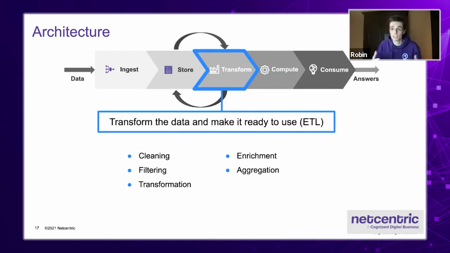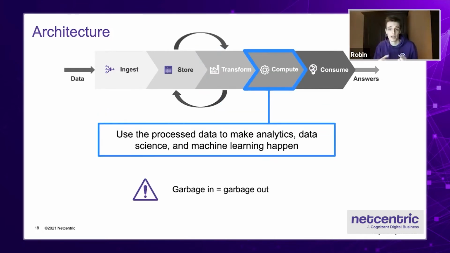Sometimes it can be a challenge if you have lots of data, say hundreds of gigabytes that you have to process. In this case, maybe you want to use distributed computing to make these operations faster. So, transforming.